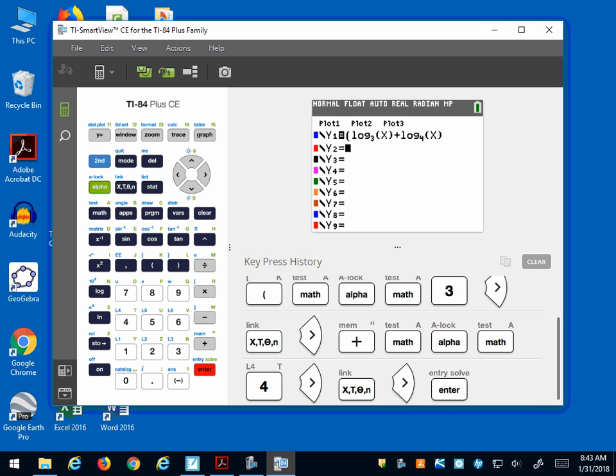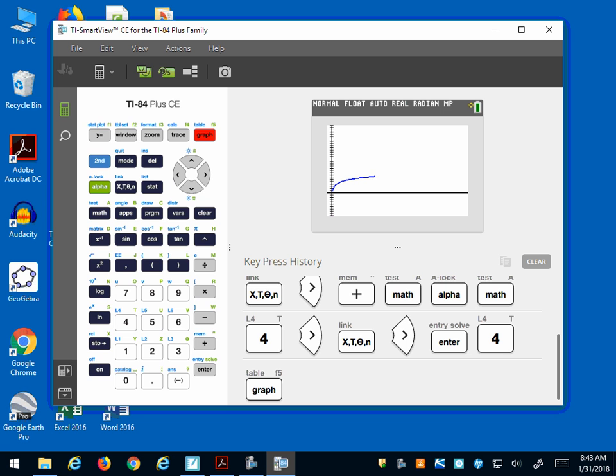And on the right side, I'm just going to put y equals 4. And then I'm going to graph this, see what happens. I might need to change my window. Oh no, that's good. I can see the intersect there.